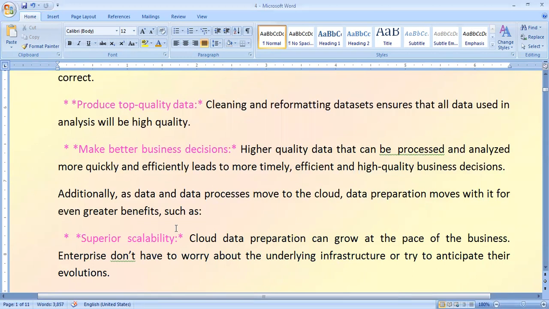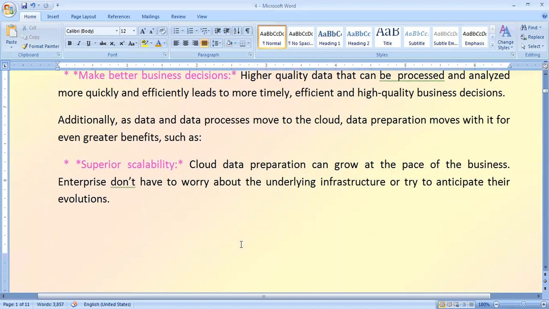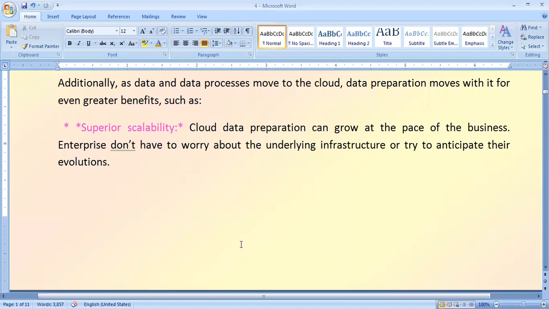Higher quality data that can be processed and analyzed more quickly and efficiently leads to more timely, efficient, and high quality business decisions. Additionally, as data and data processes move to the cloud, data preparation moves with it for even greater benefits such as superior scalability. Cloud data preparation can grow at the pace of the business enterprise.